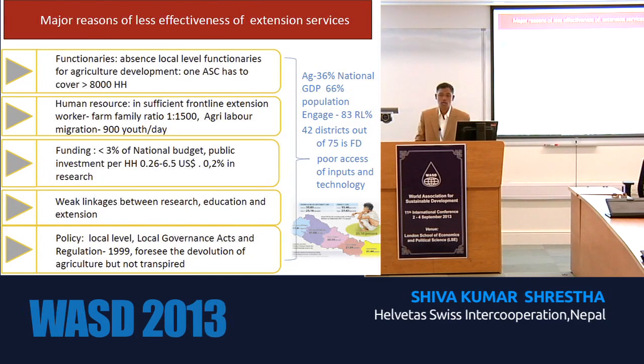That is the case. Another reason is a sheer lack of human resources in the agriculture sector. The agriculture extension worker to household ratio is 1:1,500, and it's very low. Another thing is the tendency of migration to Arabian countries and third countries. Nearly more than 900 people migrate every day seeking jobs, and it really creates a labor shortage for the agriculture sector in Nepal.